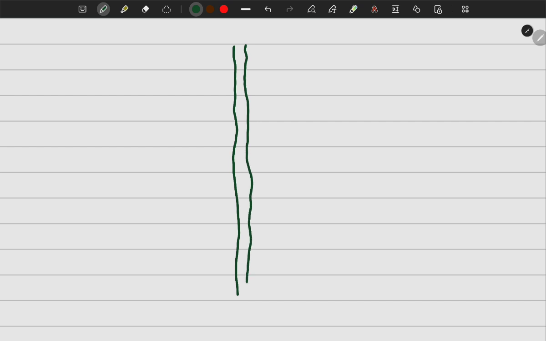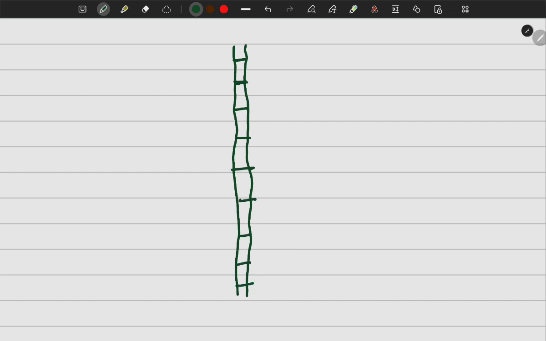If we look at a stem, then the main characteristic of a stem which helps us identify that this is a stem and not a root is the presence of nodes and internodes. So we will find nodes and internodes on a stem.